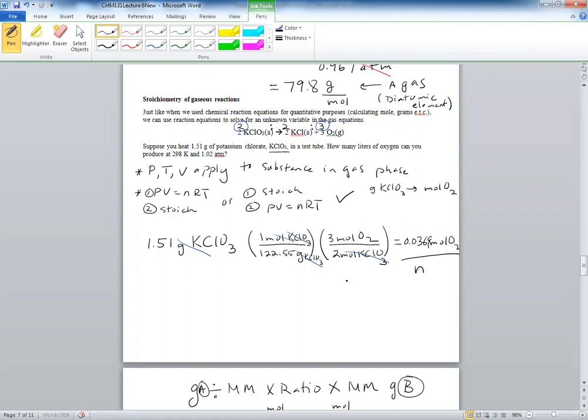Now we can plug into the equation PV equals nRT. You could not plug in the potassium chlorate right here because this is not a gas, this is a solid. Very well, so now we need to calculate, it says how many liters of oxygen. So we need the volume. You divide each side by P, and that would give you V equals nRT over P. So let's plug in what we just calculated.